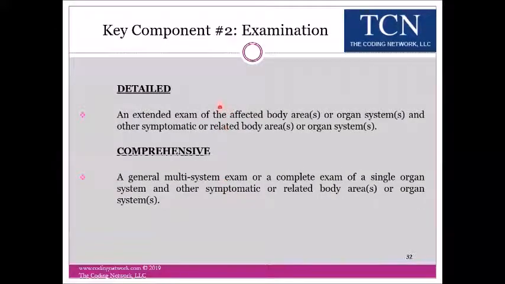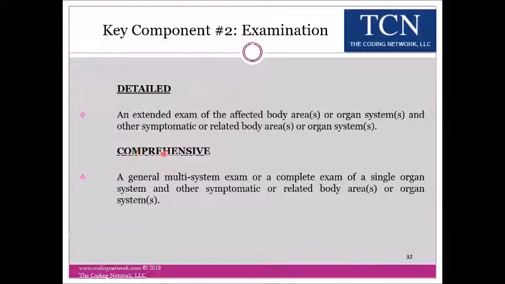It seems to me that most of the exams I've looked at are at least detailed. And we just saw that in the previous example, where the musculoskeletal system was well detailed, and there were other symptomatic or related body areas or organ systems also documented with some detail.